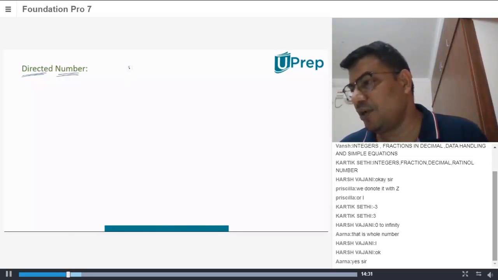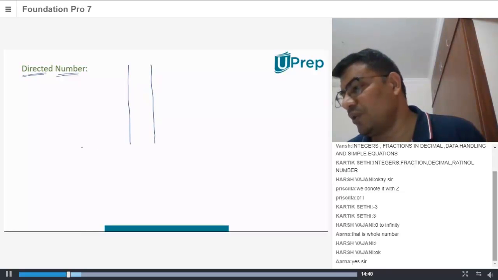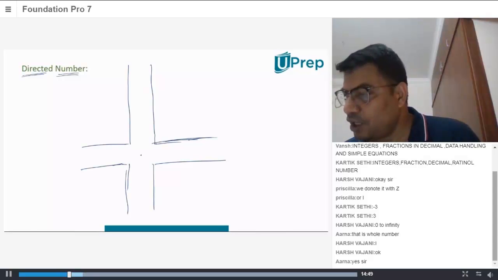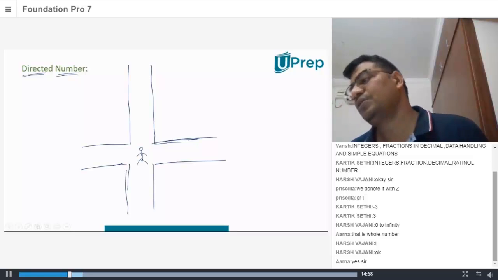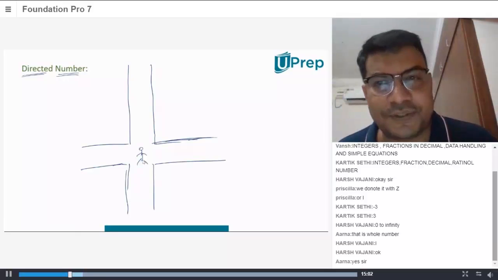Let's assume you reach a place like this, and you are at a crossroad here. You are in the middle of the road. Let me put you here. So you are at a particular junction, in the middle of the crossroads.